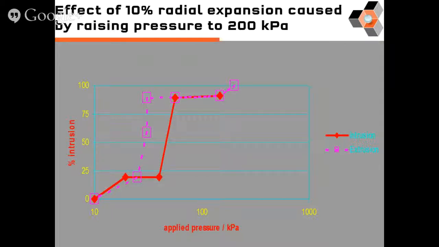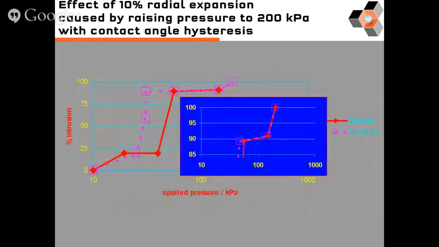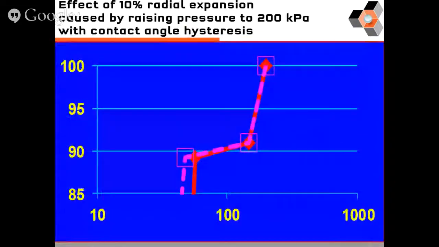And if we just zoom in on that a minute on the next slide, and again zoom in on it, and zoom in again, we can see that at the very top there, not only is there this extra step, but the intrusion and extrusion follow each other.